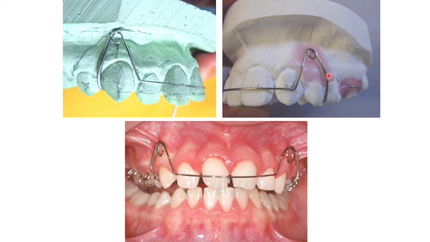In the second photo, we can see there is wax placed on the gingival area, and this wax is used as a relief so that when we make the retractor, it is positioned away from the soft tissue. We also can see there is an Adams clasp as a retentive component of this appliance. The clinical photos here show that the retractor is placed away from the soft tissue so that it won't cause any ulceration.